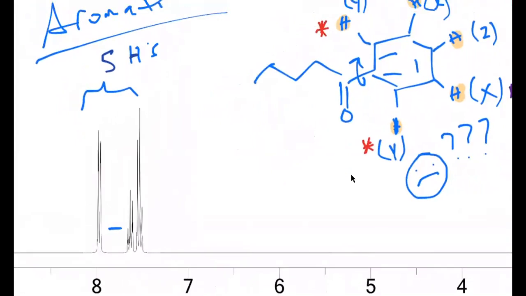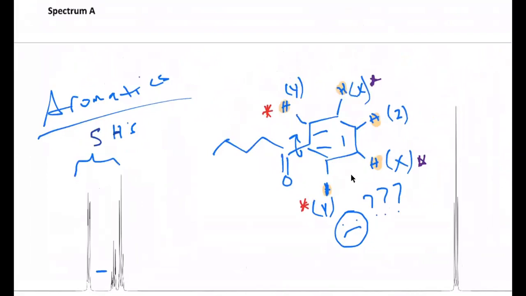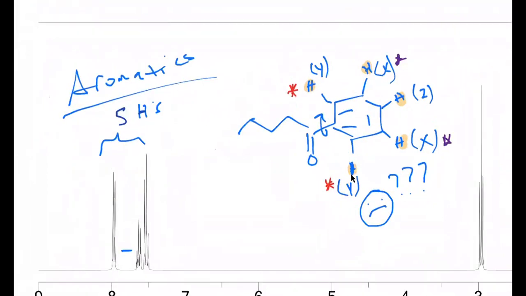Yeah, so let's look at the Y protons. What should the Y protons be? How many neighbors do the protons labeled as Y have? Two neighbors? You sure? You got a neighbor on this side.